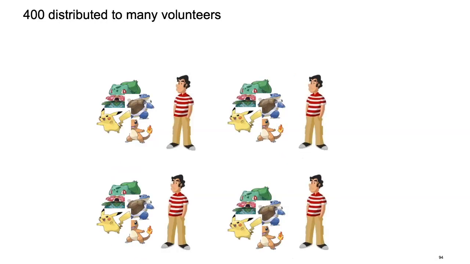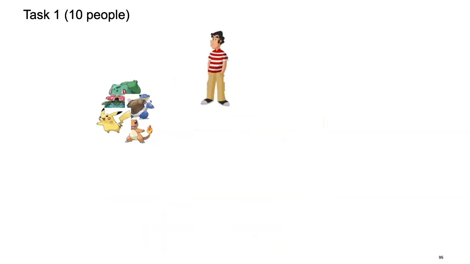So what I do is that I bring my Pokemons, I prepare them in batches, right? It means that I have maybe 10 batches of Pokemons, and I put them in plastic bags. And so then I distribute them to volunteers, right? So I give them basically in these batches.